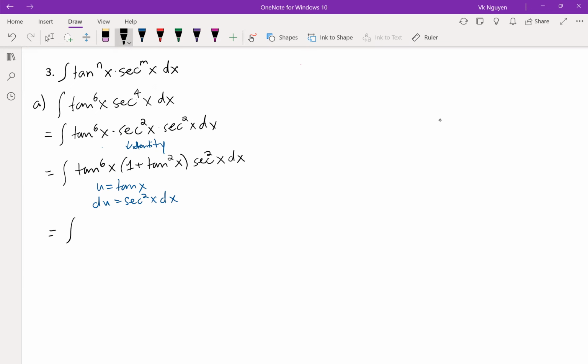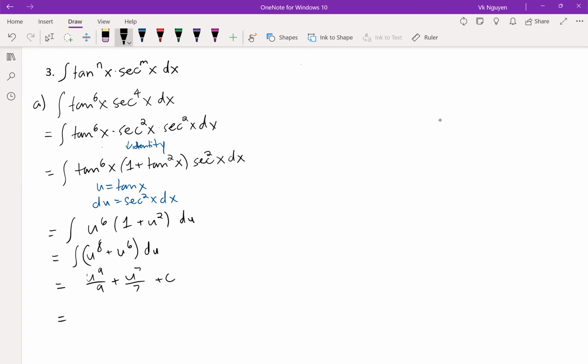We have integral u to the 6 times 1 plus u square du. So that is the integral u to the 6 plus u to the 8 du. u to the 9 over 9 plus u to the 7 over 7 plus c.